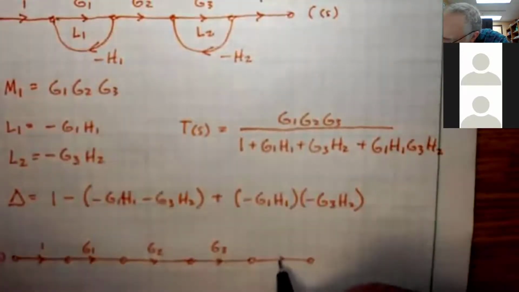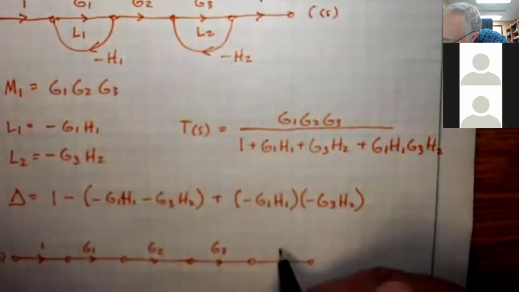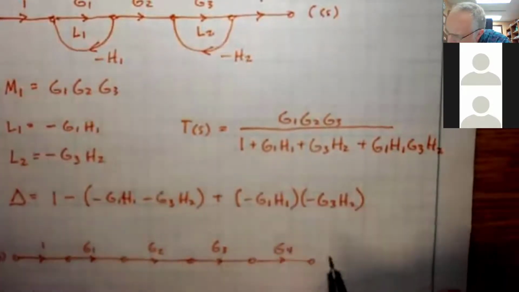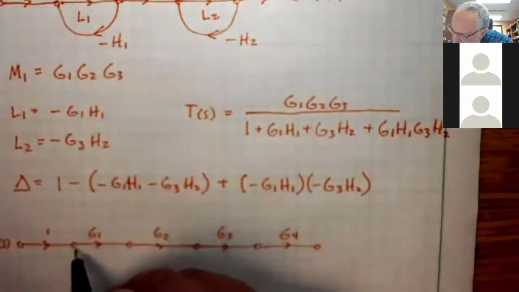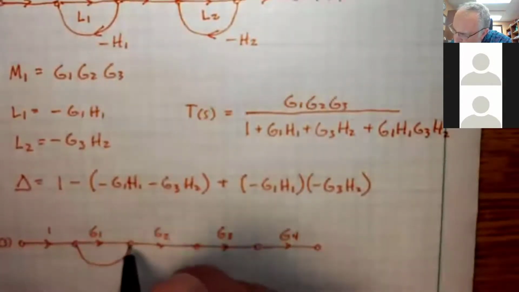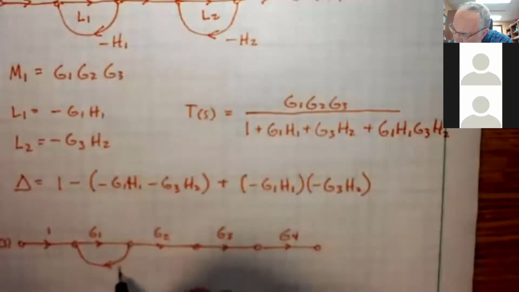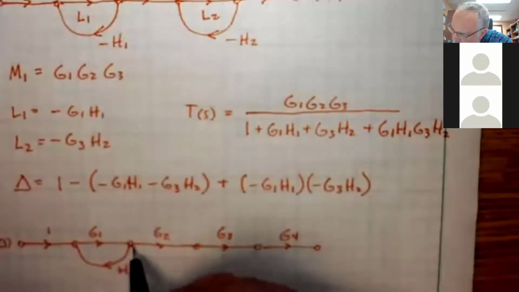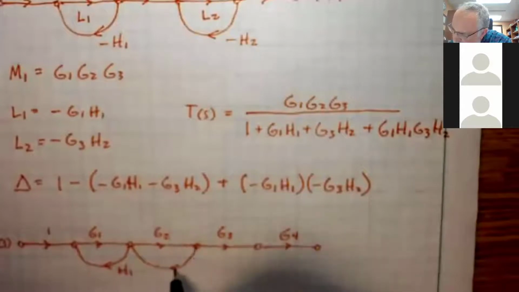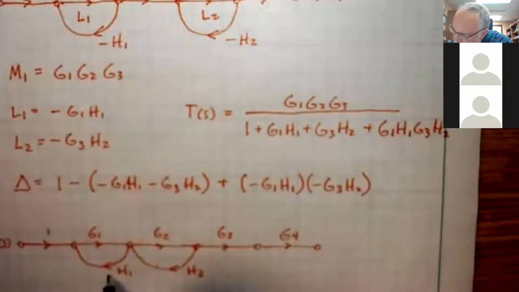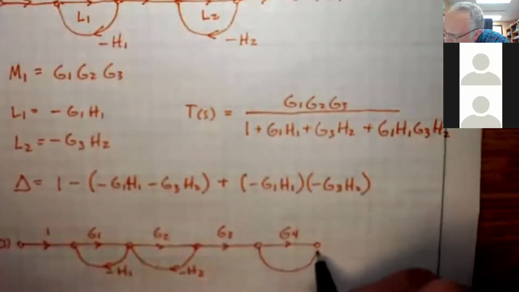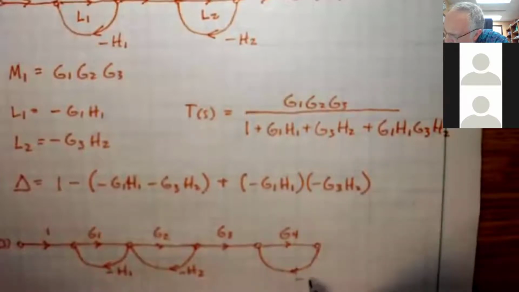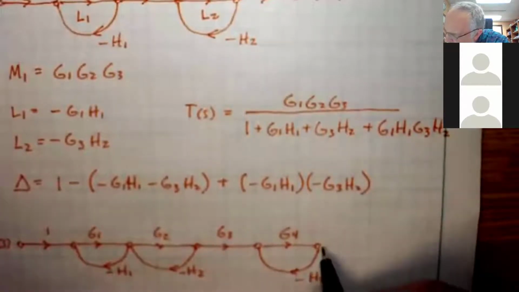So let's make a G4. I could have H1 here. I could have H2 here. And then I can have H3 there.